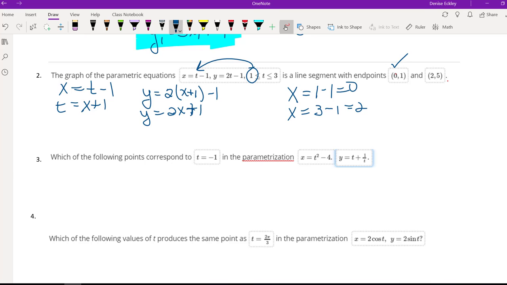So there's the 0, and there's the 2. And I'll do the same thing for the y. So I'll substitute 1 in for t in the y equation, and I get y equals 2 minus 1, which is 1. And when I substitute 3 in, I get 6 minus 1, which is 5. So I get my y value. So this is true.